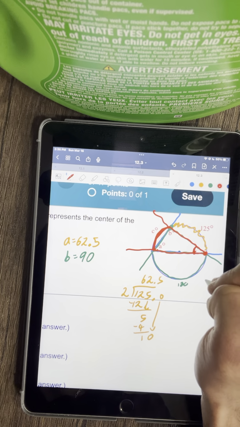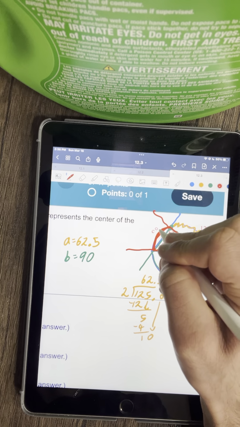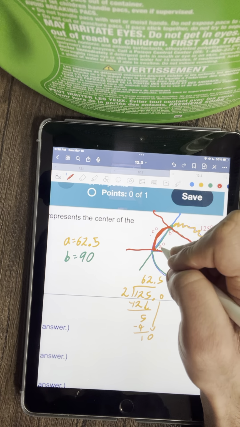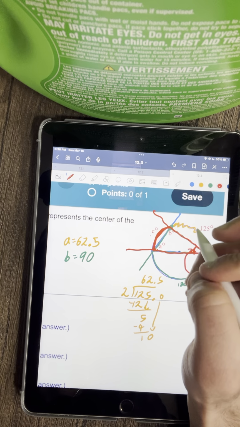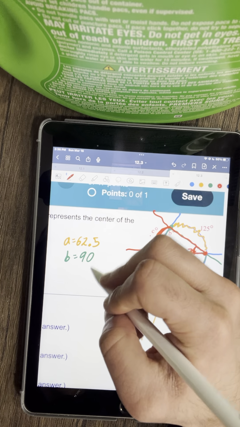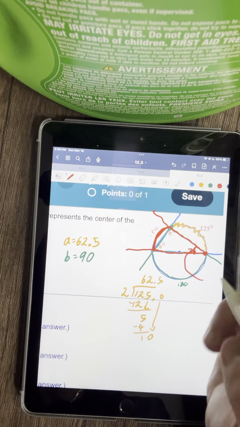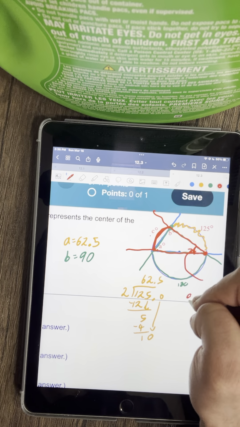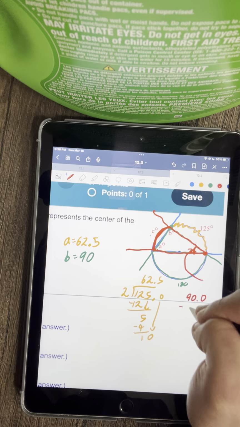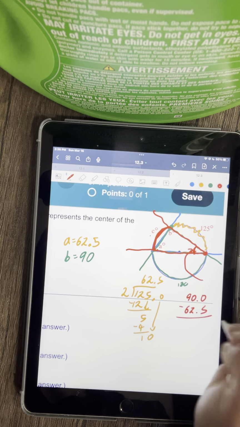So I just have to find this angle, and if I find it, I just multiply by 2 and I'll get my C. Well, I know my A was 62.5 and my B was 90. So it's 180 minus 90 minus 62.5. So 180 minus 90 is 90, so I'm going to do 90 minus 62.5.